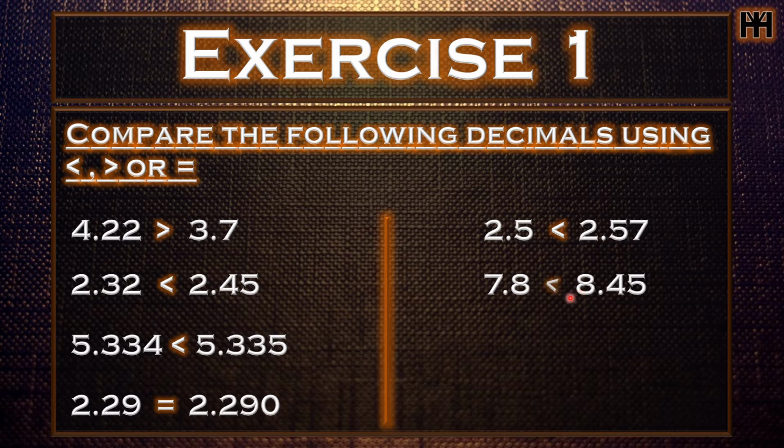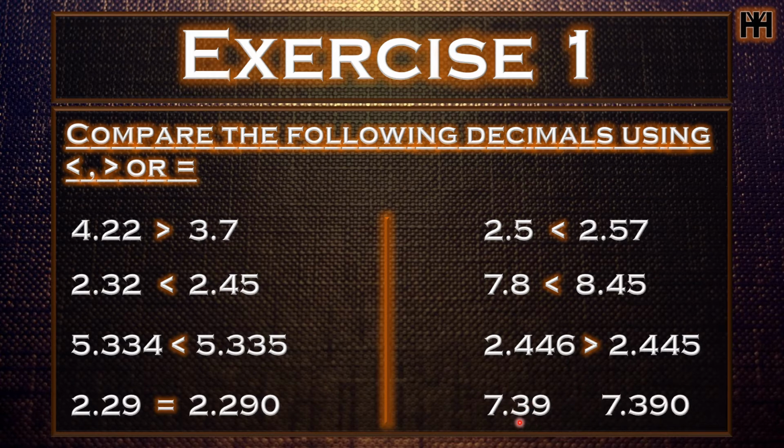Of course, 8 is greater, so 7.8 is smaller than 8.45. Okay, 2.446 and 2.445. Of course, this decimal is greater, so 2.446 is greater than 2.445. 7.39 and 7.390. Of course, they are the same because this 0 doesn't matter.